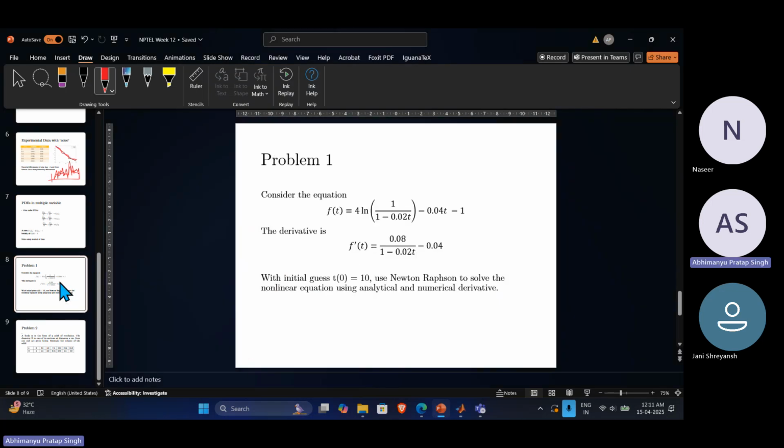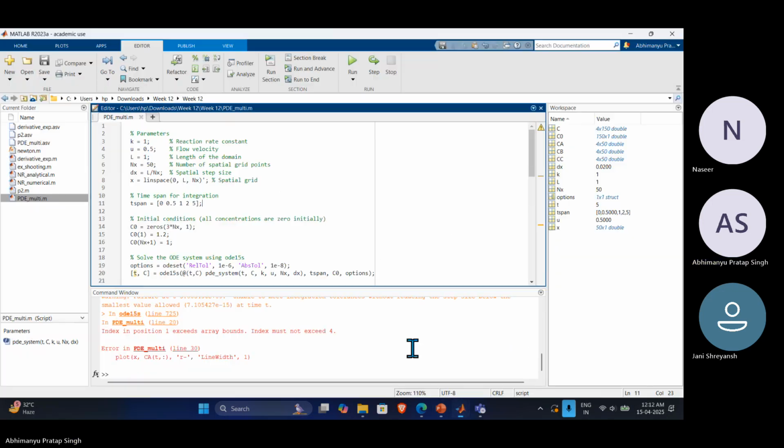Yeah, so then we will solve these two problems. Then we will call it a day. So the first problem is similar to what we have solved initially. We just need to change the function and the rest will remain the same. Okay. So first we will solve this using the analytical derivative, and then we will try to solve this using the numerical derivative.